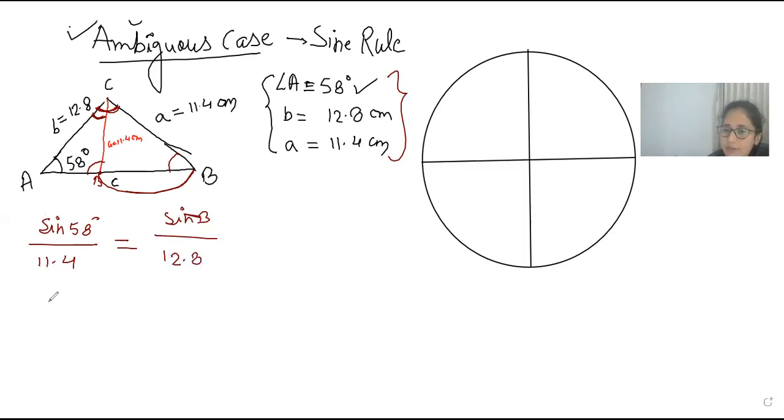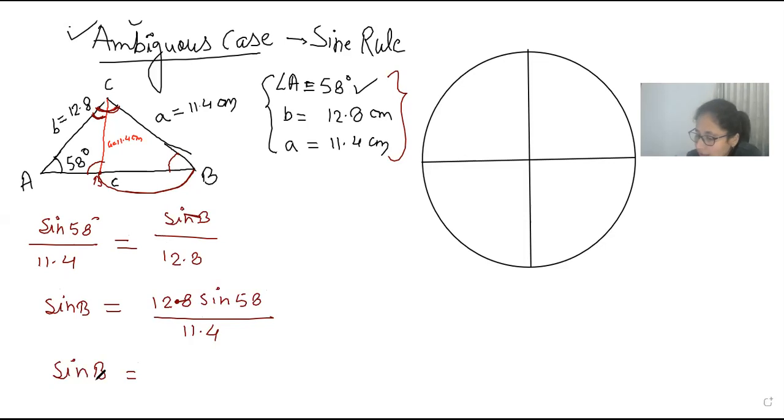From here we can find the value of angle B. So sine B will be equal to 12.8 times sine 58, cross multiplied over 11.4. Use your calculator and find the value, that will be equal to 0.9522. I already solved it. You can check it.